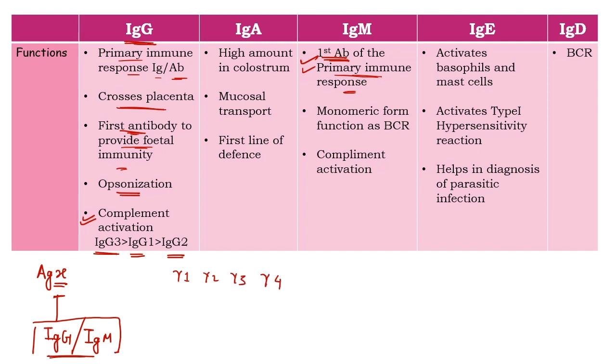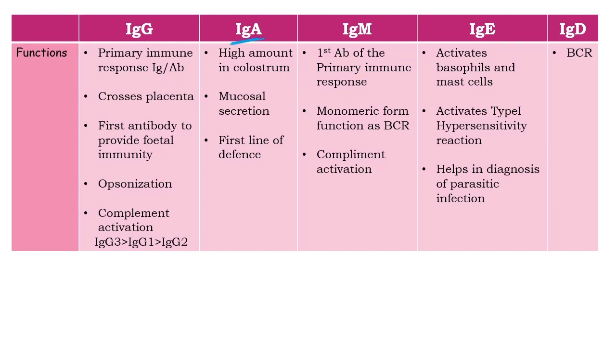So based on the subclass present in the immunoglobulin, IgG is also named IgG1, IgG2, IgG3. IgG in which the gamma 1 subclass is present can be called IgG1. So here IgG3 has the highest affinity for complement activation, then IgG1 and IgG2. IgG4 does not take part in complement activation.